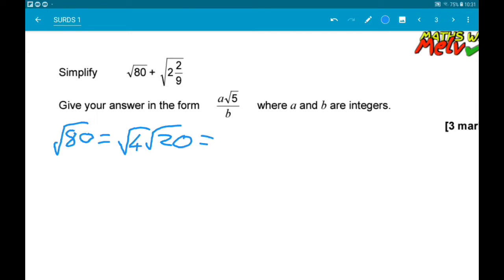Now that is 2 root 20. Now we can still simplify root 20. Root 20 is root 4 root 5. So this is now 2 root 4 root 5. Now root 4 is 2, so we have 2 times 2 root 5, which is 4 root 5.